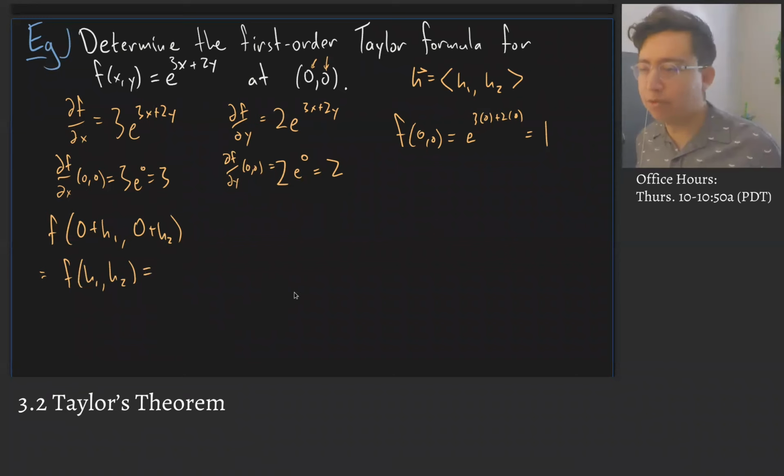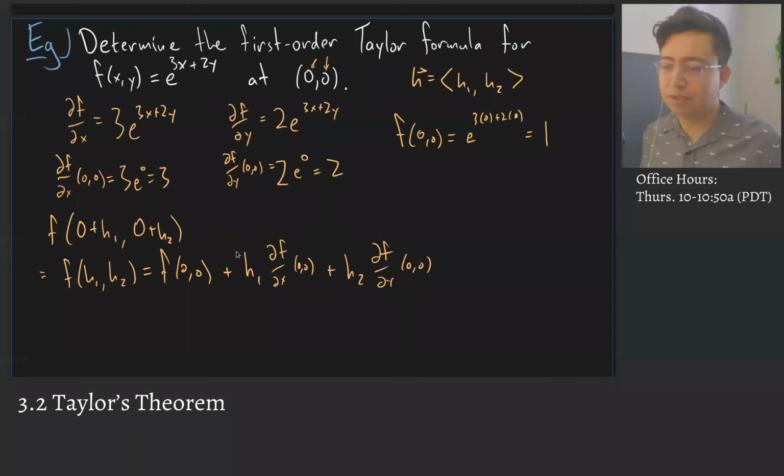In either case, we can now use the formula to fill in the rest, right? Remember, we're imagining h1 and h2 are small numbers, so this is close to the origin. So basically, it's almost just f of 0, 0. But then we have to add to that h1 times the derivative with respect to x at 0, 0, plus h2 times the derivative with respect to y at 0, 0.